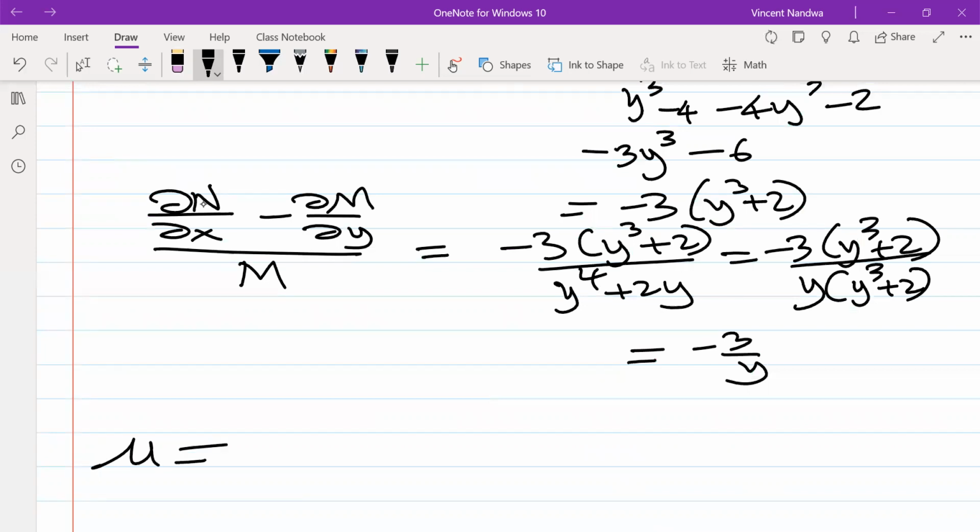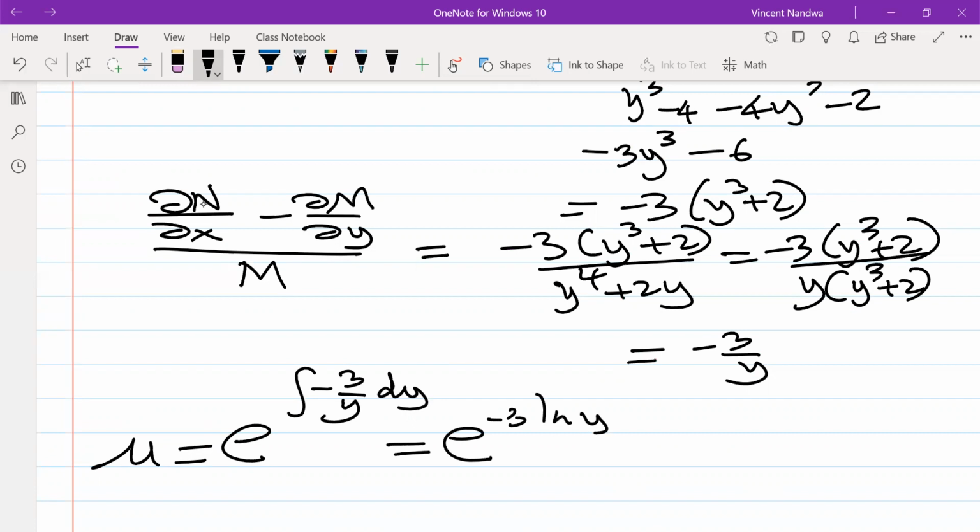So mu is e raised to the integral of minus 3 over y dy, which is e raised to minus 3 ln y, which is e raised to ln of y to the power minus 3, which is y to the power minus 3, or 1 over y cubed.